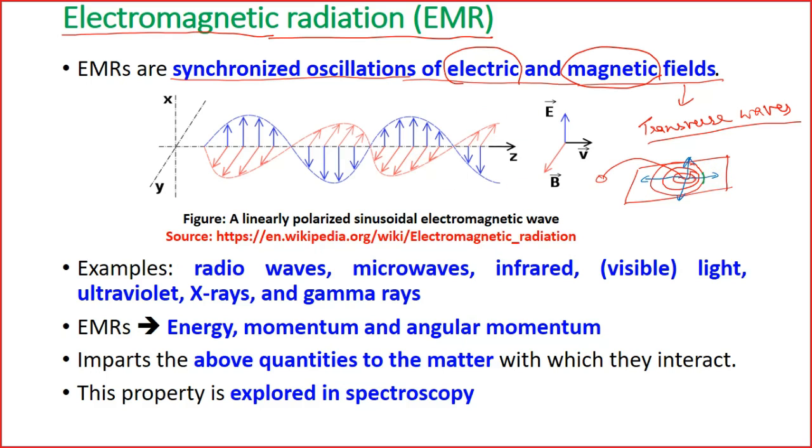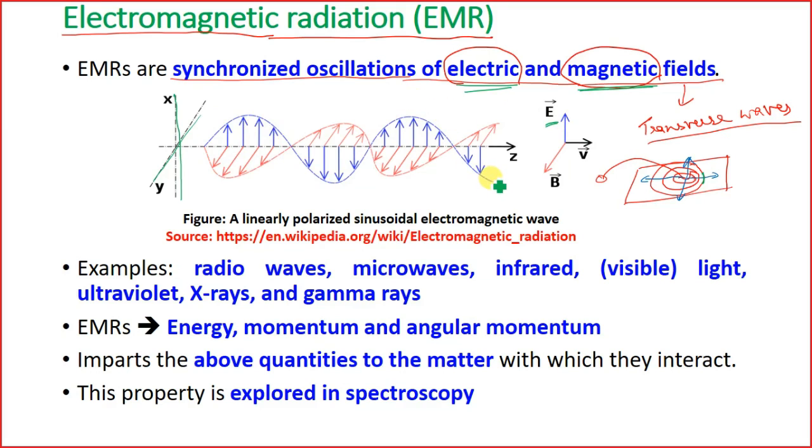Now herein, when we are talking about the electric field and the magnetic field, in electromagnetic radiations, if you consider the upper one as the x-axis and this lower one as the y-axis, then in the x-axis you have the electric field which is moving.